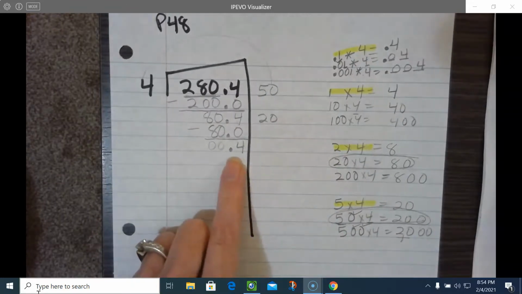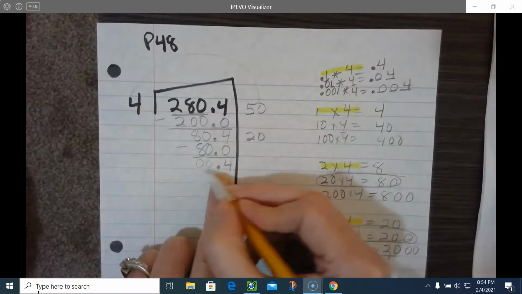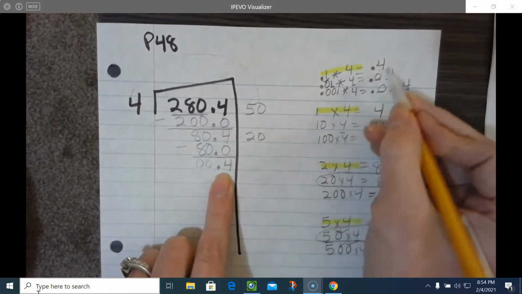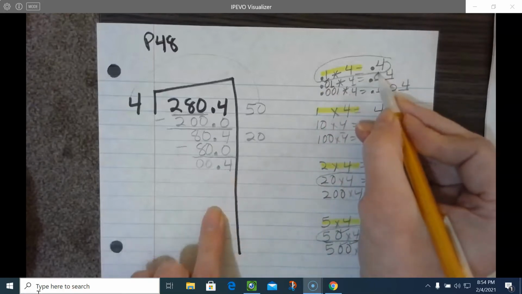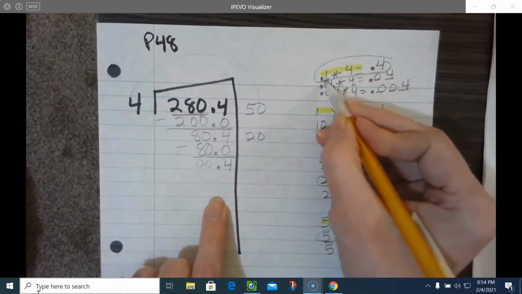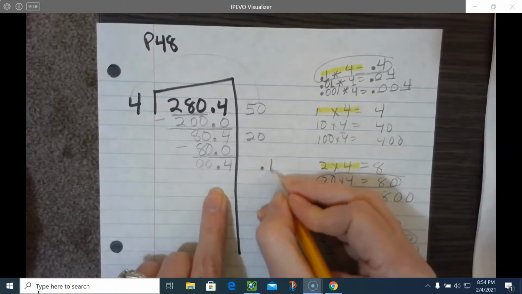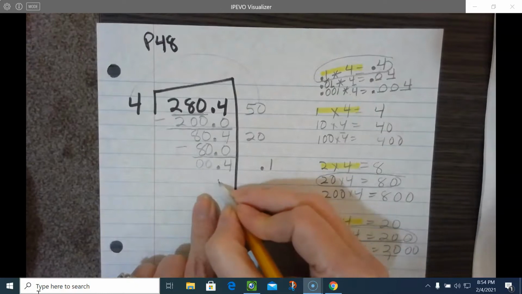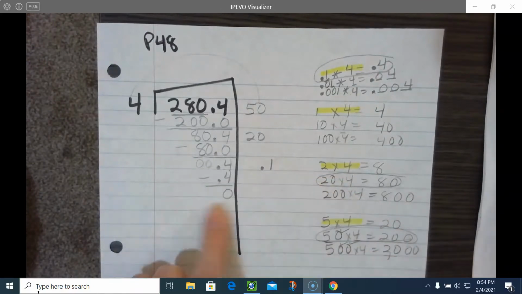Now I'm looking for 4/10ths, and I see a decimal, and I only have zeros in front of it, and look right up here, I have 4/10ths right on the nose. So then I look, and it would be 1/10th. That would go out here. 4/10ths goes there, and then I have 0 for my remainder.